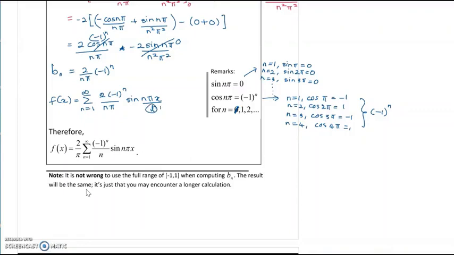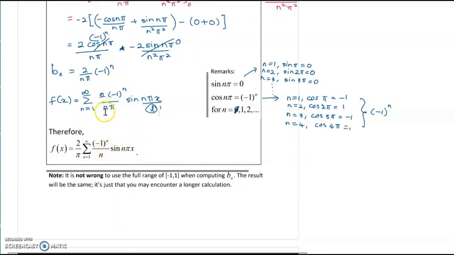So here you can put aside 2 over pi before the summation notation, because in the summation only the terms that involve n stay. So the 2 over pi can be put aside here. So in the summation, we have -1 to the power of n over n, times sine n pi x.